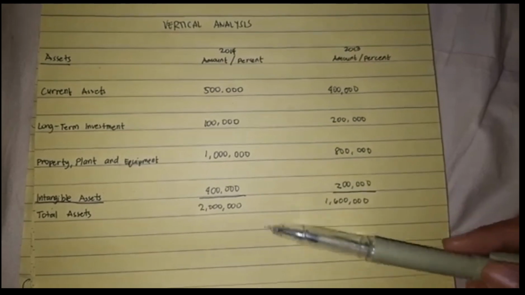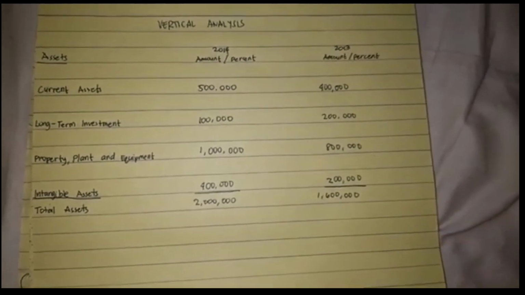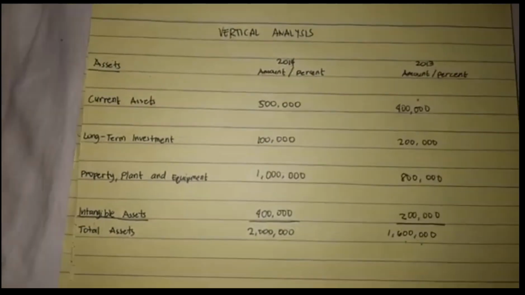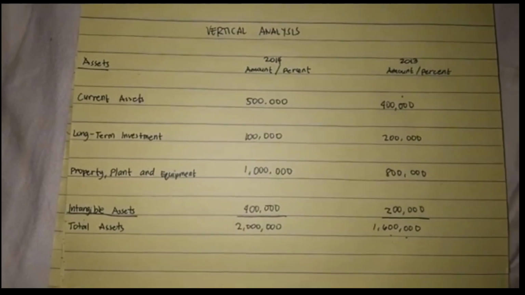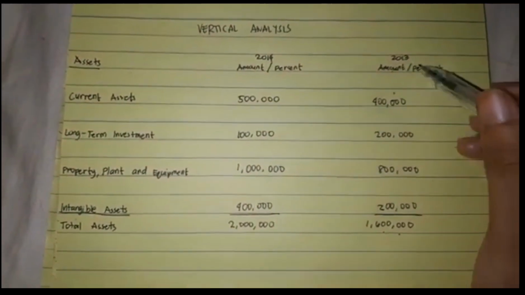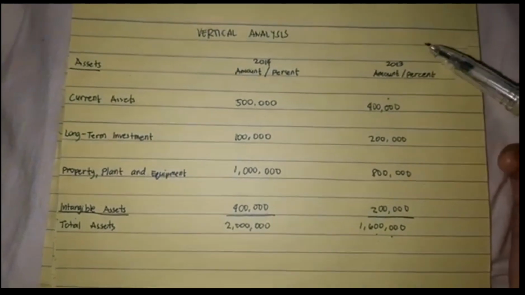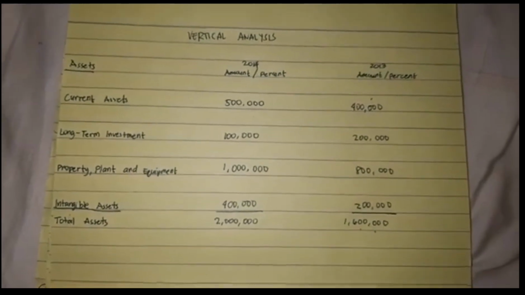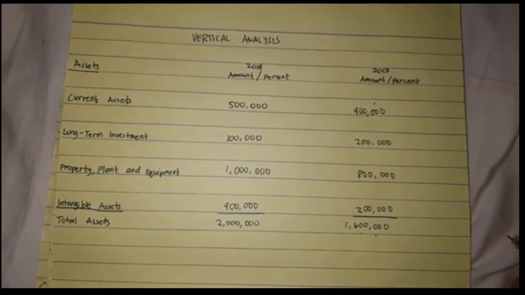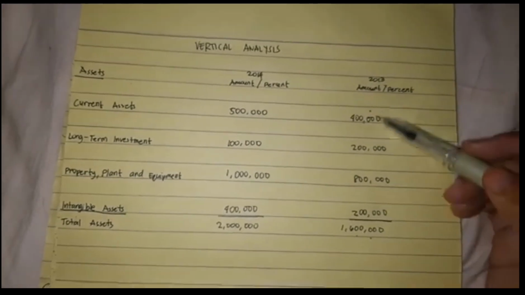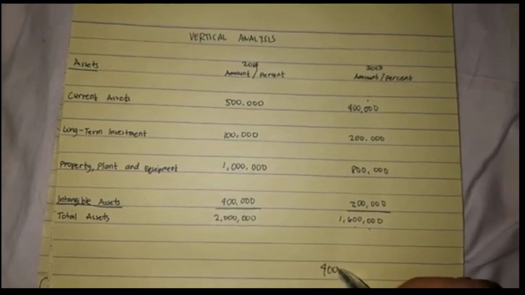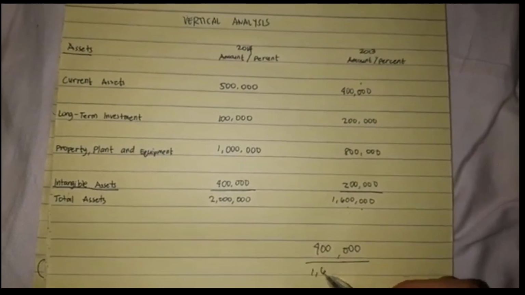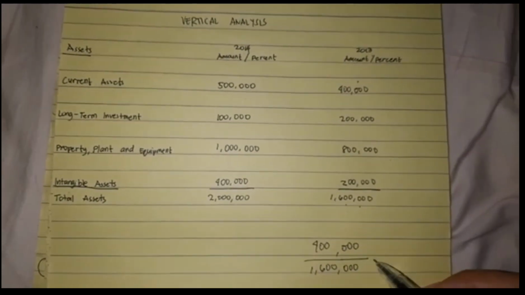To start with, what I want to figure out is some percentages, the percentage of what these are. I'm going to start with 2013 and then move over to 2014. We're going to take a look at current assets. Current assets in 2013 had 400,000 divided by 1.6 million.